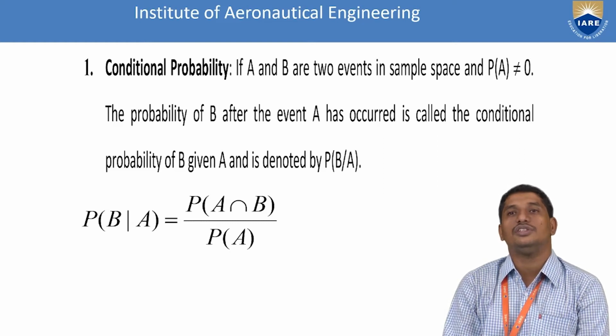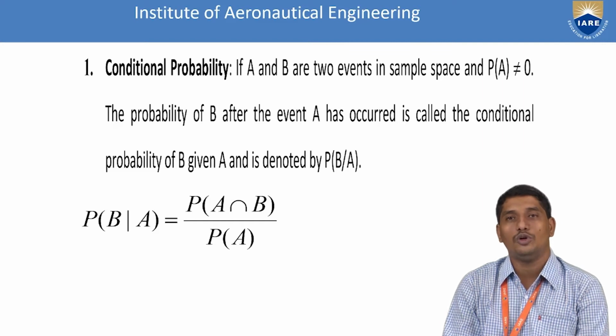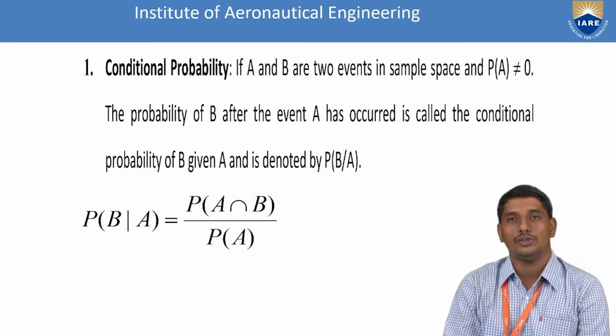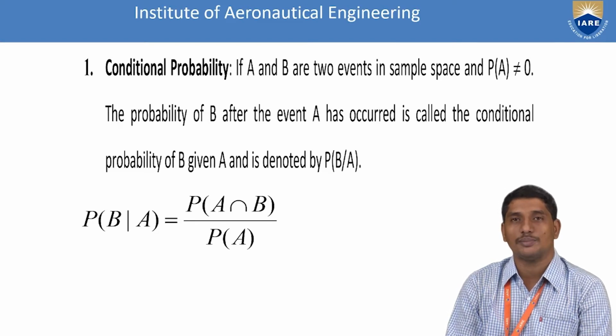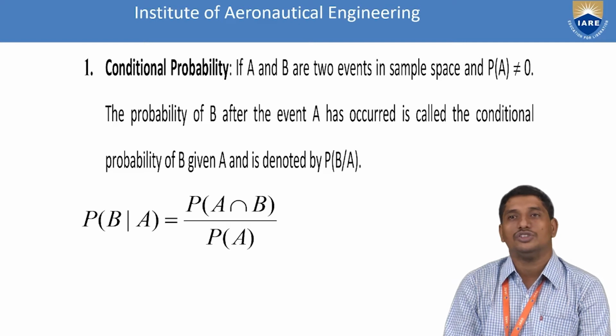So what is the difference, and what motivated us to resort to the approach of conditional probability? Let us discuss all these things, and then we'll see some problems based on conditional probability.